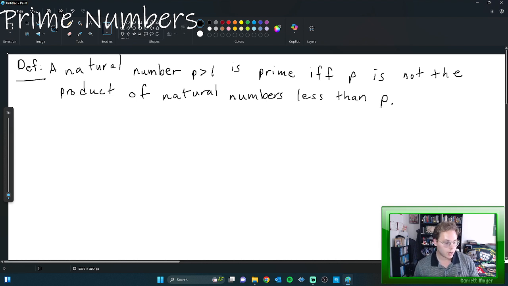In other words, p is prime if it has exactly two divisors, 1 and itself. So it cannot be the product of natural numbers that are less than it. It can only be the product of p and 1, of 1 and p.